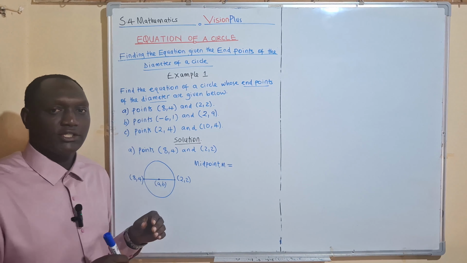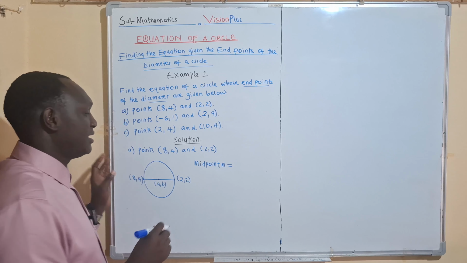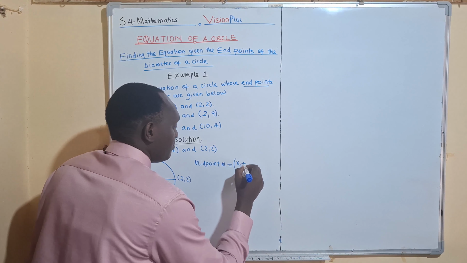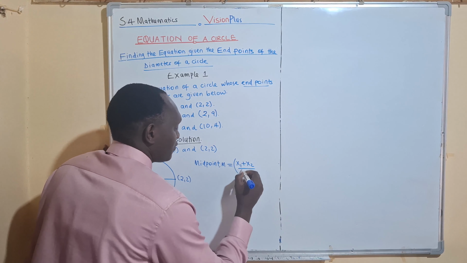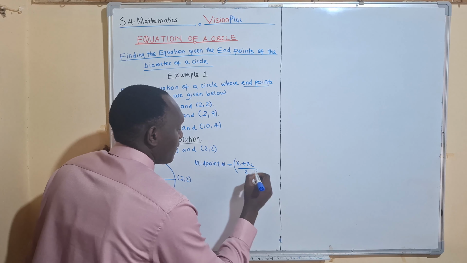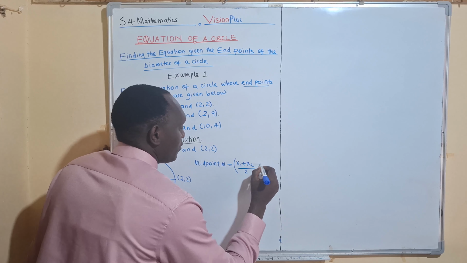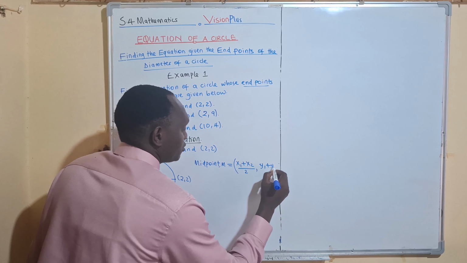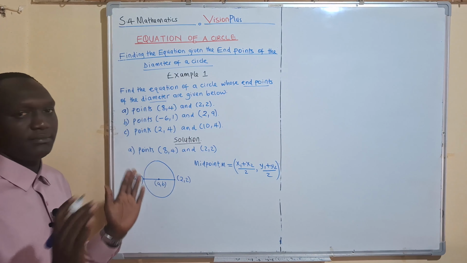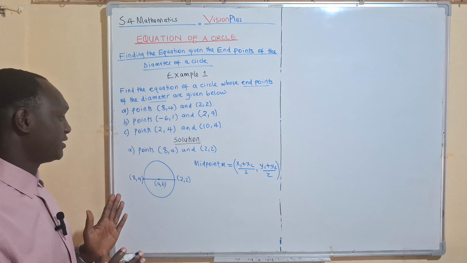So the midpoint here, M, is the one that gives us the coordinates of the center. And in your coordinate geometry, you have learned that the formula for the midpoint is given as ((x1 + x2) / 2, (y1 + y2) / 2). Then you put them in brackets because they are coordinates of a point.